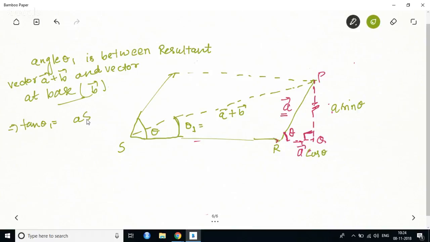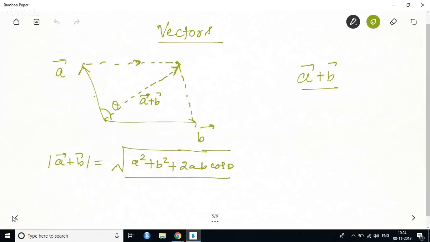So it can be given by perpendicular a sine theta divided by base a cos theta plus b. So this is the angle by which you find out. Okay Ruhi, I'm going back to the question. So how do you find out? Now the question, try to understand.